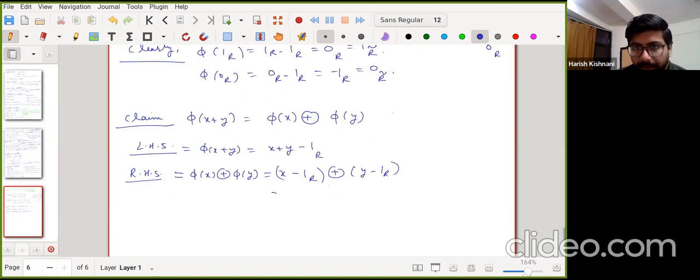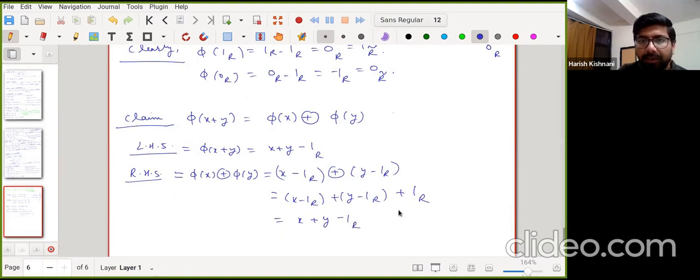So now how do we define the addition? A plus B in the new ring is, in the original ring, A plus B plus 1. So the first element is added to the second element, and then we add the 1 of R. So this is x plus y minus 1 of R, right?